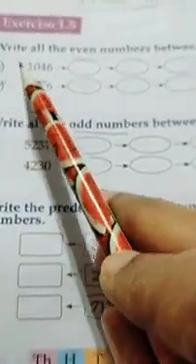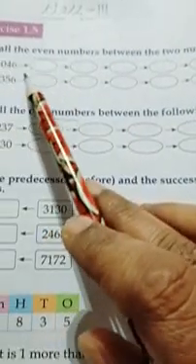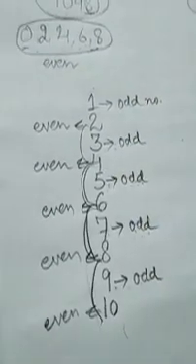Yes, now we will do sum number 1. What to do here? Write all the even numbers between the two numbers. The first number given is 1046 and the next number is 1060, and in the boxes we have to fill all the even numbers. As I told you, even numbers and odd numbers come with a gap of 2.